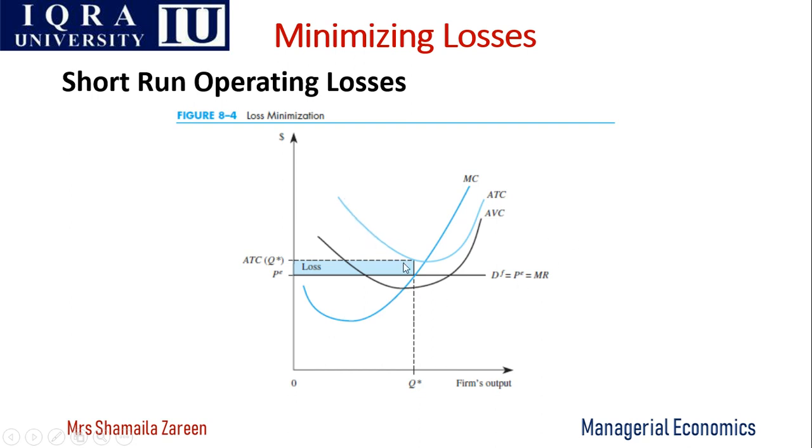They have drawn the cost curve here above the price line and they have drawn this average variable cost to show, if the firm is facing loss, whether the firm or industry or the organization will run or not. So in this case, this average variable cost is lying below the price line or the marginal revenue line or the average revenue line.